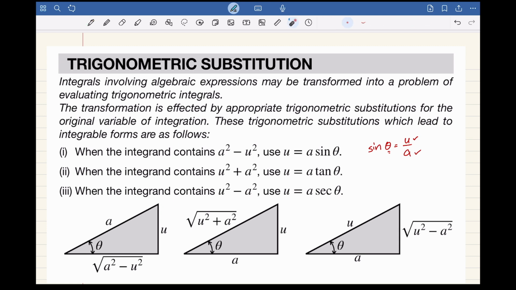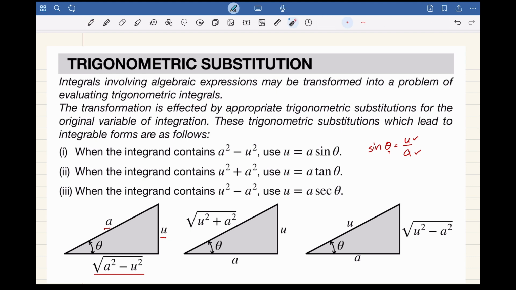So from case 1, we can draw this particular triangle. And then for all the substitution, we will refer to this particular triangle. So we have u as our opposite side, we have a as our hypotenuse, and by Pythagorean theorem, we will get the value of this particular side. So that is for case 1.